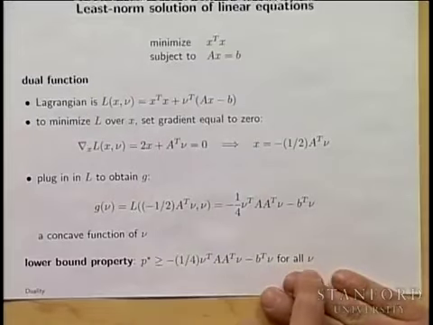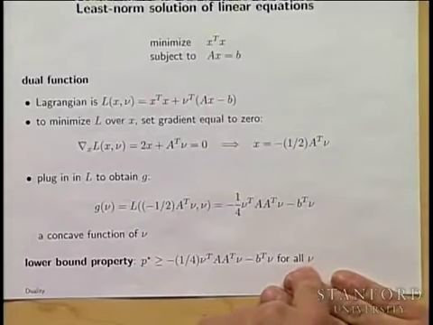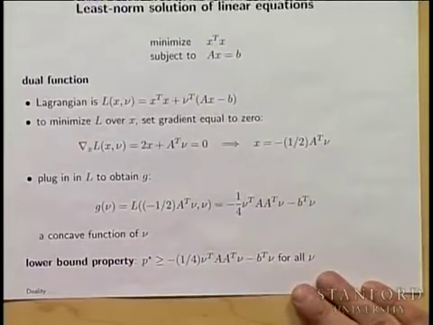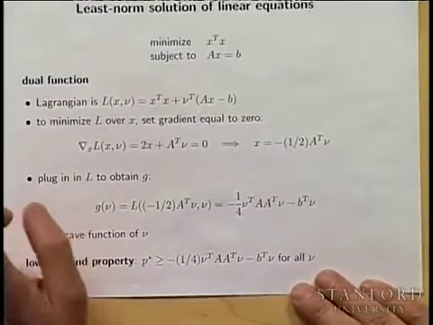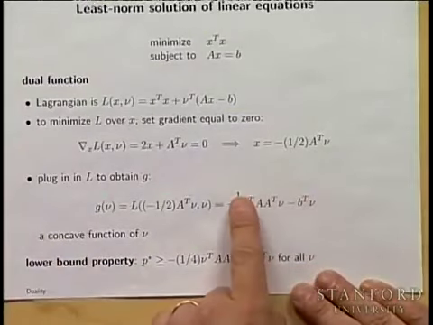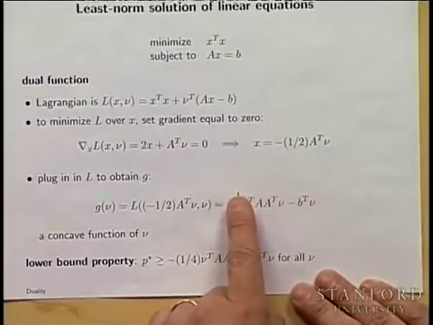You look at your procedure and you find that during the procedure, and this will generally be the case, some side calculation is going to produce a candidate for this nu. Actually, it's no one's business how you come up with any vector nu. If you evaluate this, that number is a lower bound.